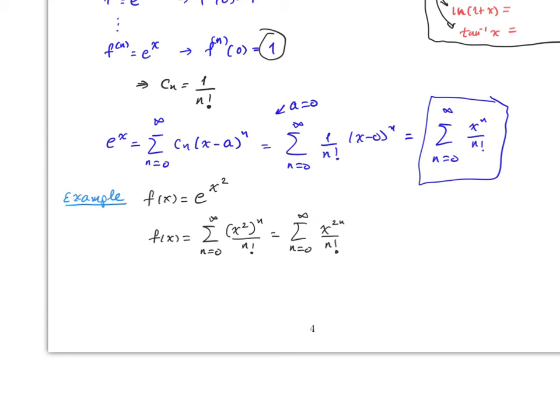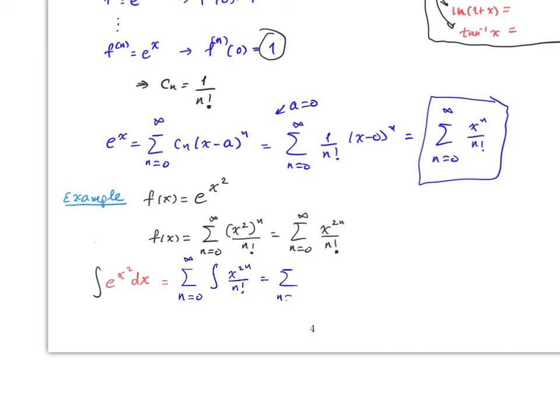Now, also, just like the previous section, remember that this is a specific example. This is impossible to integrate because it's not an elementary function, but with Taylor series, you can do it. So this will be the sum from n equals 0 to infinity of the integral of x to the 2n over n factorial.